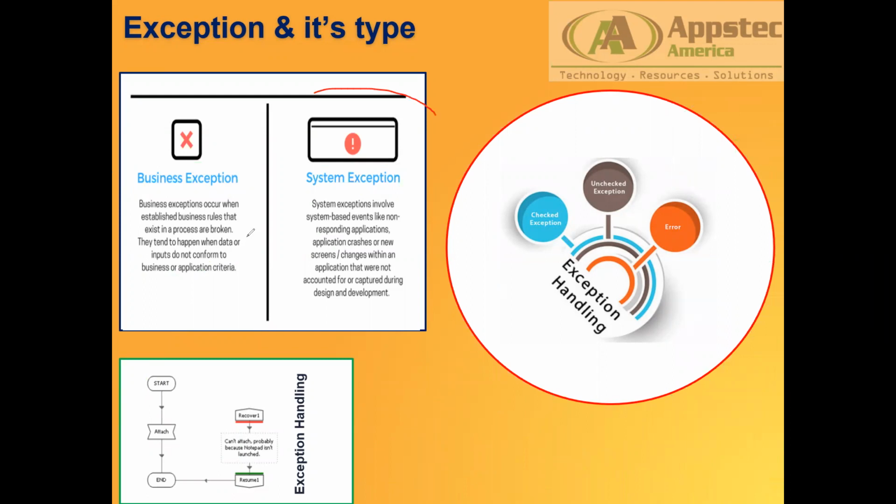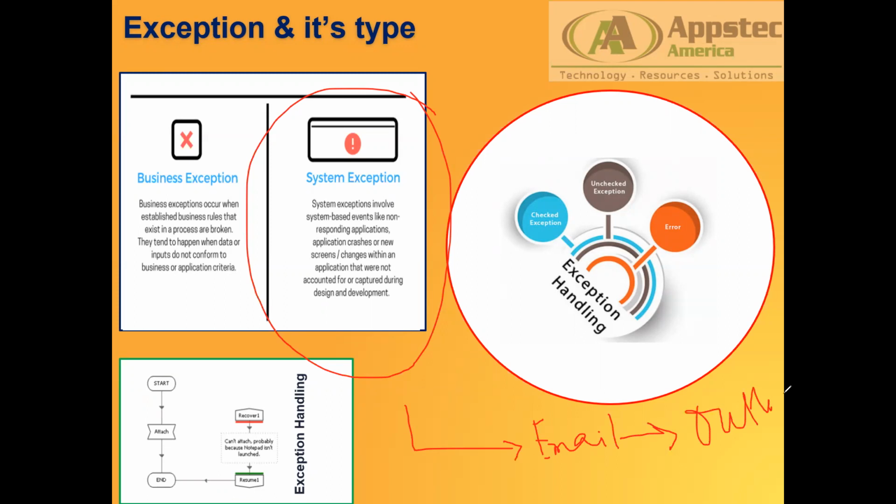Now, what is system exception? System exceptions involve any disruption to the application services or screens or any other server or application that is involved. Let's say in the same process I'm sending out an email using Microsoft Outlook. Now what if one fine day the Outlook server for my organization has gone down?